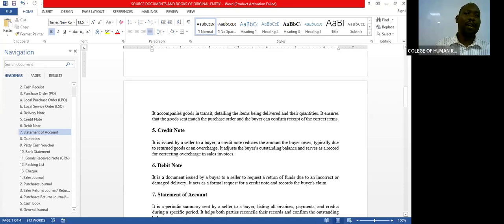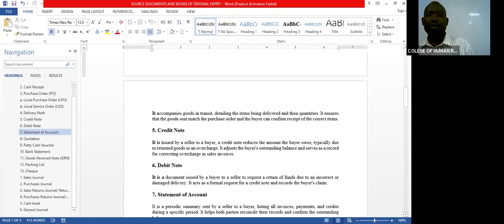Once you have returned the goods, that simply means that the initial invoice is supposed to be reduced by the amount equivalent to the value of the goods returned. To do so, we normally issue the credit note. It adjusts the outstanding balance, and therefore it gives the correct amount the buyer is supposed to pay after having returned some goods to the business.